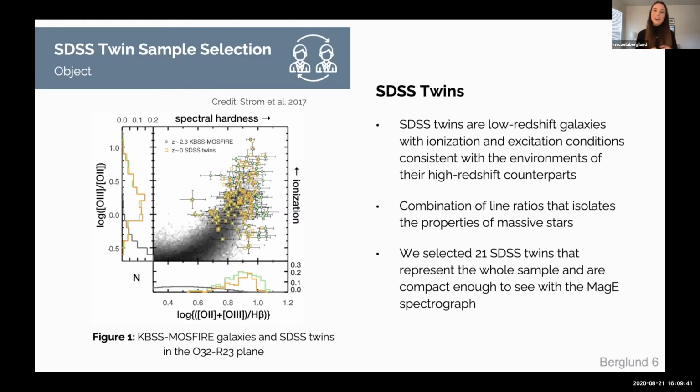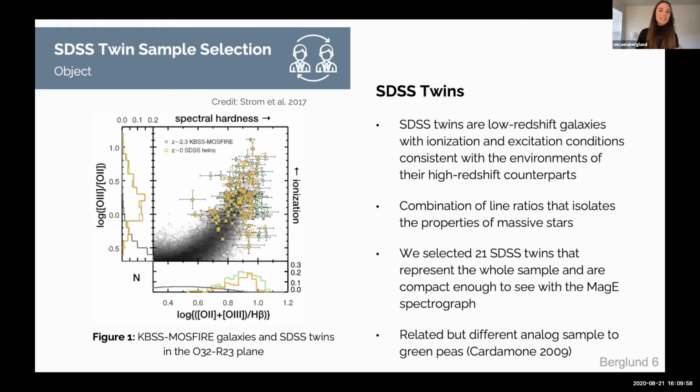At the points on this plot where the blue dots and the orange squares overlap, we say that those are our local analogs. They have similar spectral fingerprints, particularly for the massive stars. We care the most about the properties of the massive stars. And if you've heard of green peas, this is a related but different analog sample.